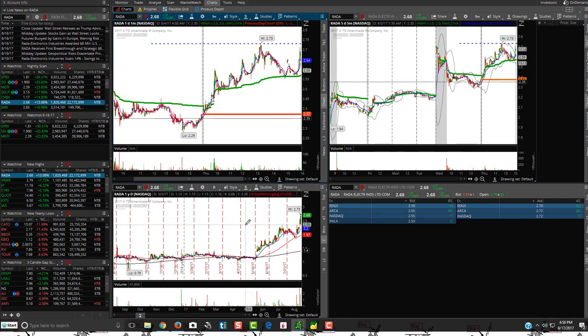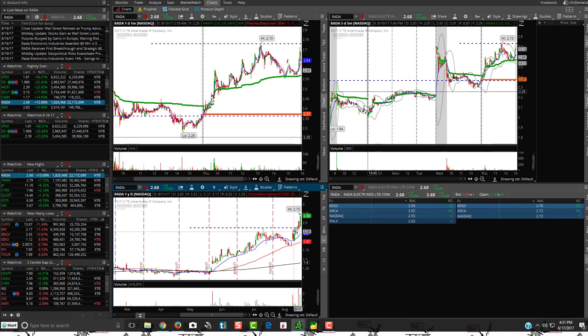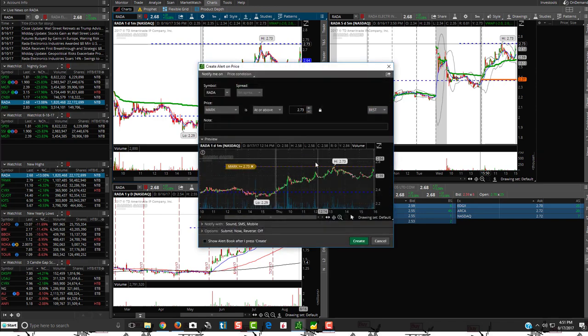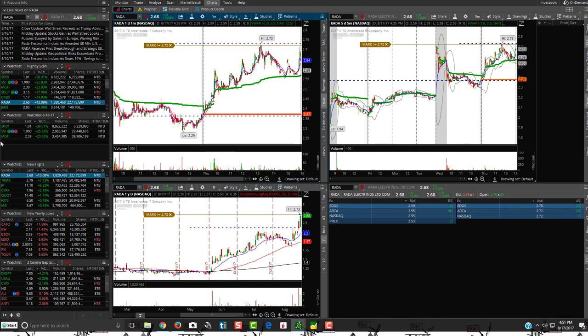Otherwise, right around this 2.30 marker is support. So see if it'll break or come back down right here to support. We'll set an alert here. So RADA.